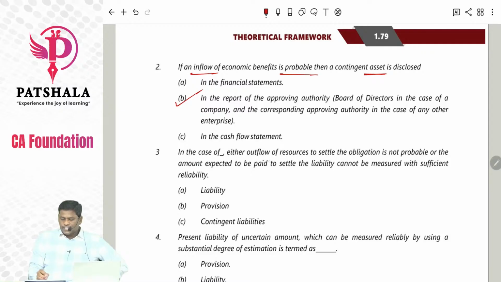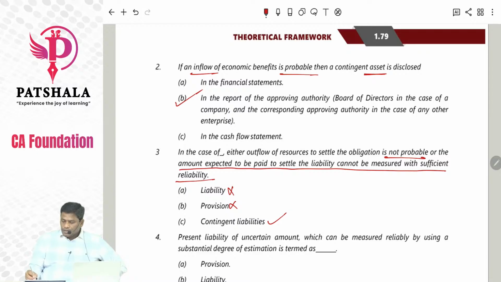If an outflow of resources to settle the obligation is not probable nor expected to be settled, and the obligation cannot be measured with substantial reliability, then for a provision we need substantial reliability. So it is not a liability and not a provision. It is a contingent liability.